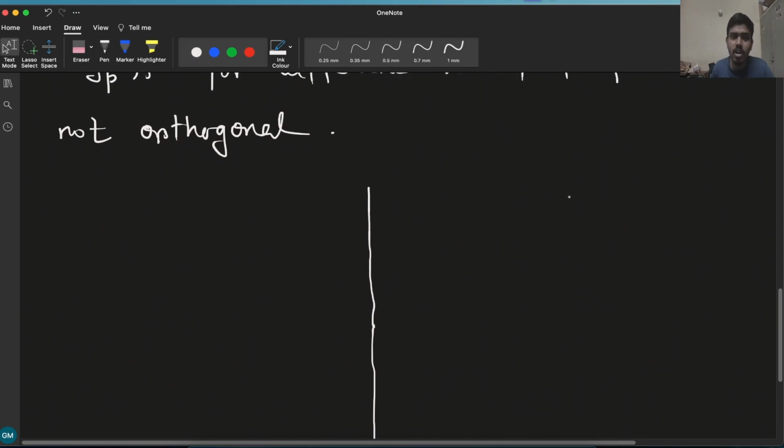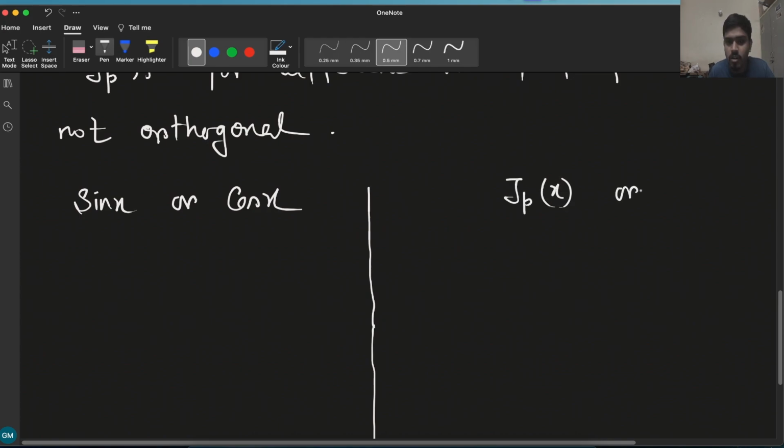So let's make a comparison between sine functions and these Bessel functions. So let's take this sine x or cos x, and on the right hand side let's take the Bessel functions J_p(x) or the Neumann functions, the Bessel function of the second kind.